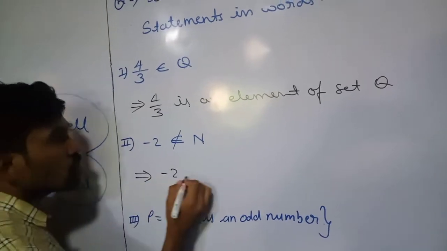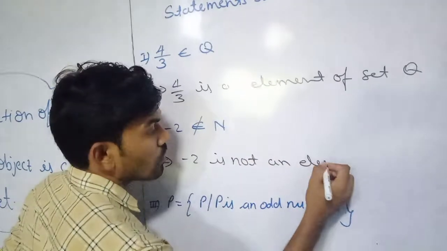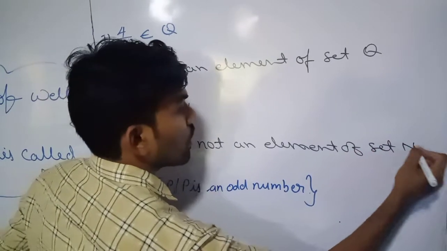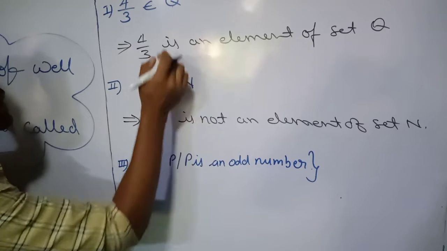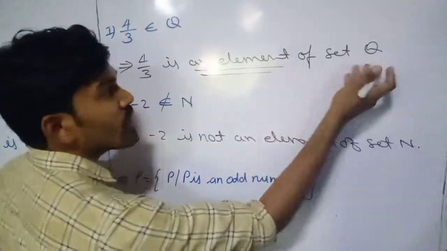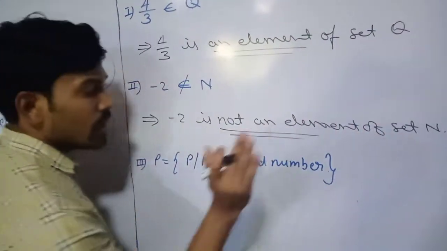So -2 is not an element of set M. There is the difference between these two. If the symbol is given like that, we have to write "is an element of the set." If that is cancelled, we have to write "is not an element of the set."